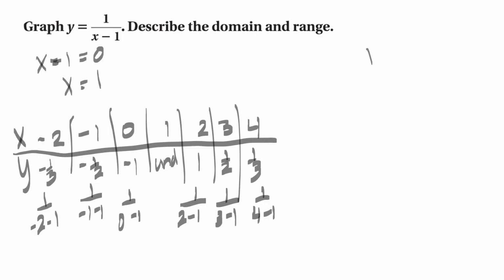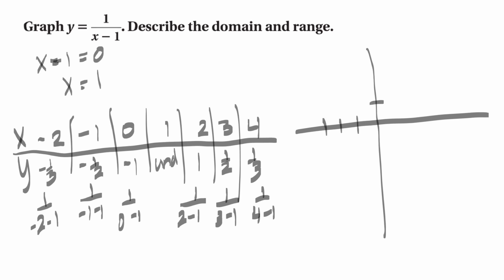So we're going to go ahead and draw our graph and graph those points. Okay, so we have negative 2, negative 1/3, which would be right here. We have negative 1, negative 1/2, which would be getting a little bit lower. We have 0, negative 1, which would be here.